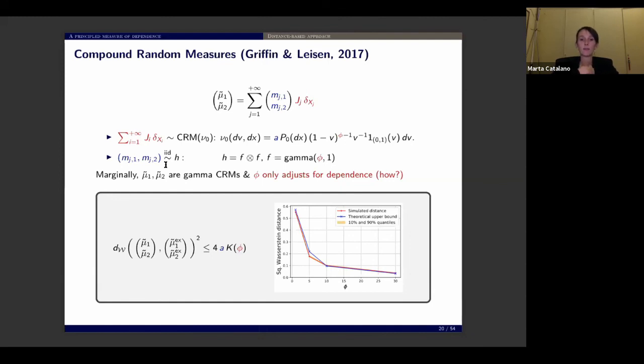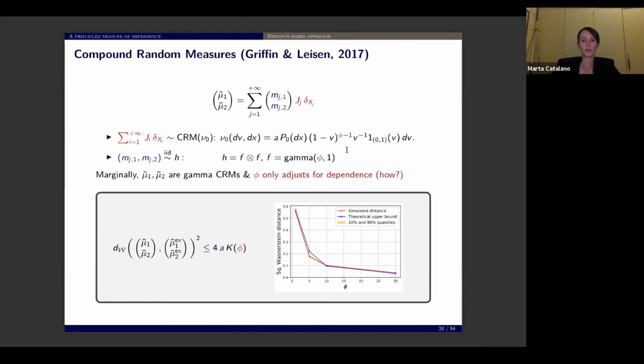And a specific example that was treated in their paper is the one where the common CRM is a beta CRM with concentration parameter phi, and the joint distribution of the jumps is a product distribution with gamma marginals of mean phi as well.